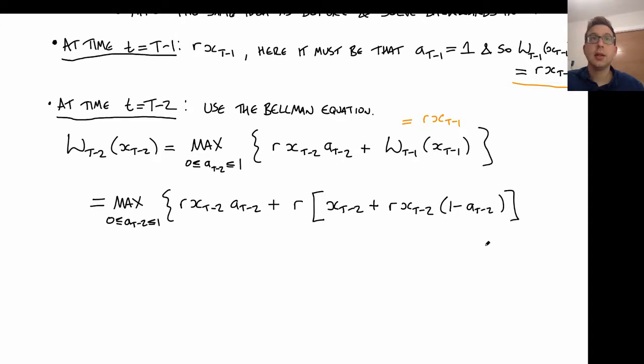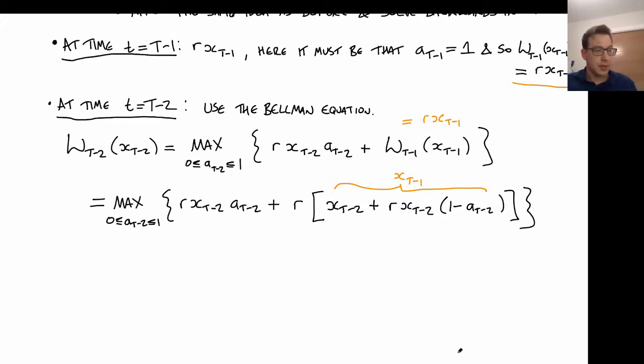Here that's the amount of money I had at time t minus 2, and that's the amount that I reinvested because I didn't consume, that went into the value of the fund at time t minus 1. So in other words, this is x of t minus 1.